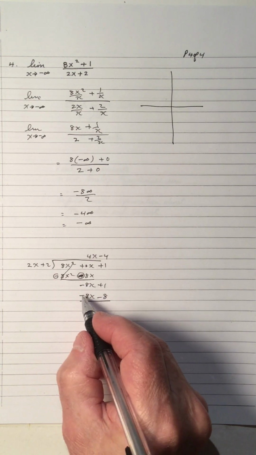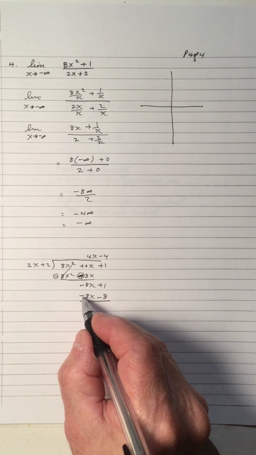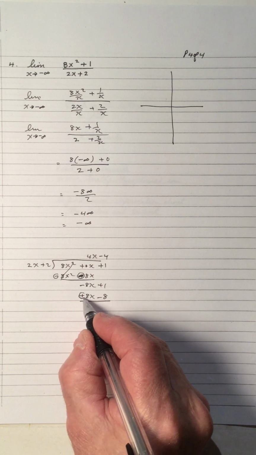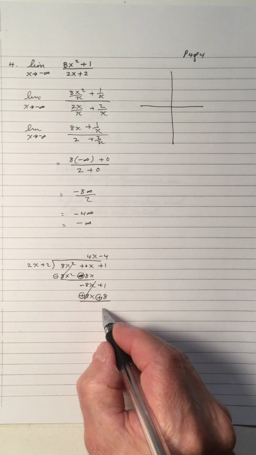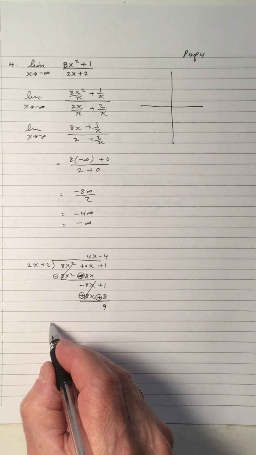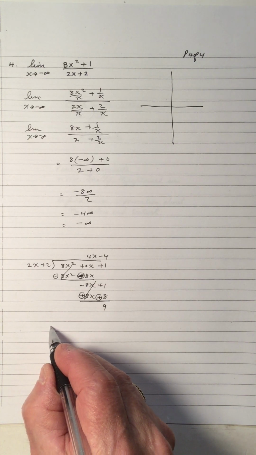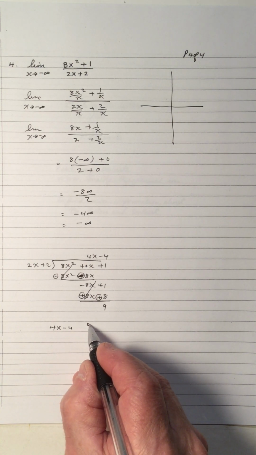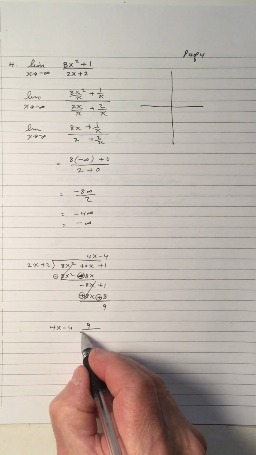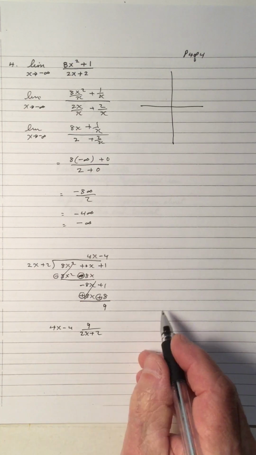We're subtracting, so we take the negative and make it a positive, so they cancel out. That gives us a 9. So that gives us 4x minus 4 plus 9 over 2x plus 2.